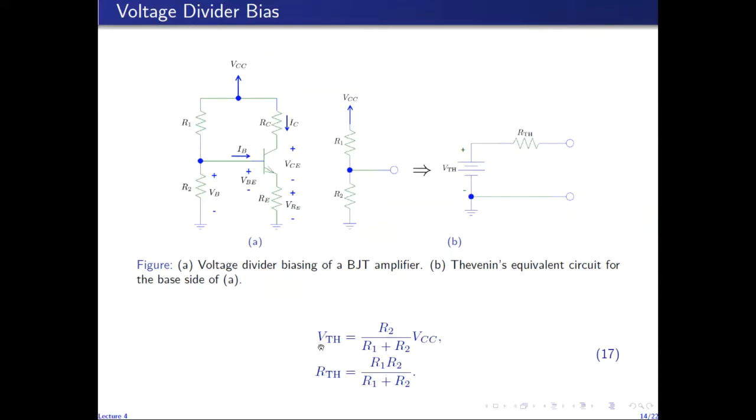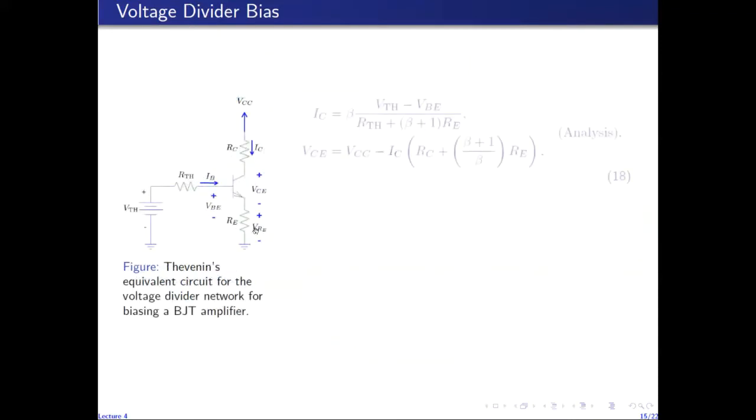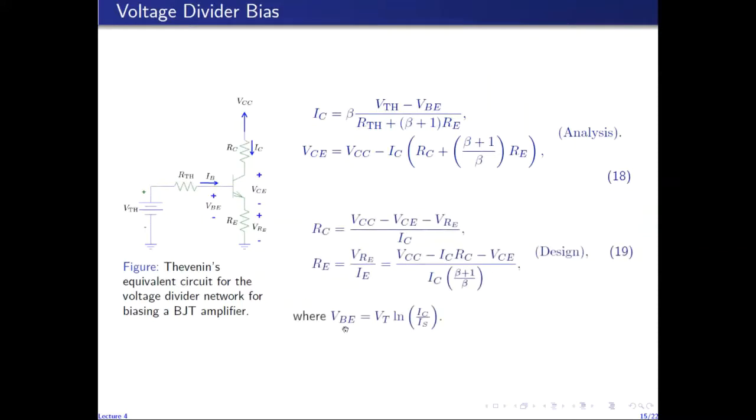we can find VThevenin as well, because like I said, VRE is typically specified to be 10 to 20% of VCC. And VBE is given by the output collector current.